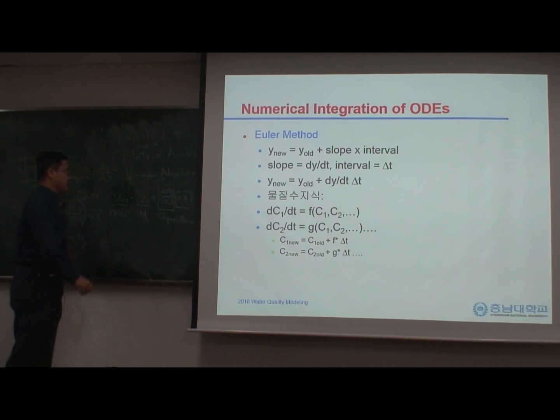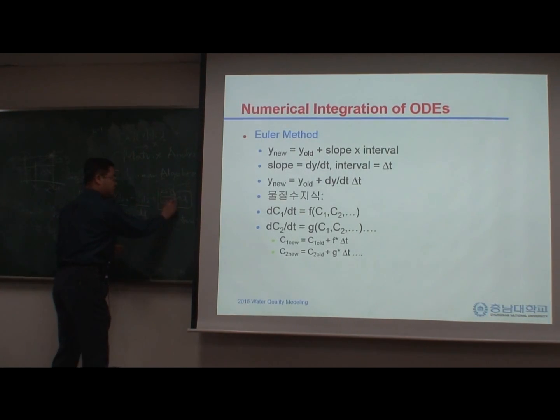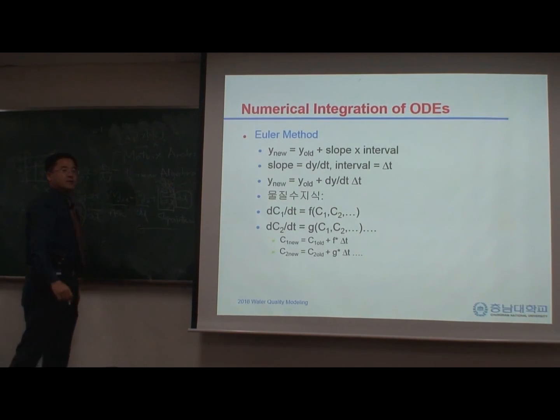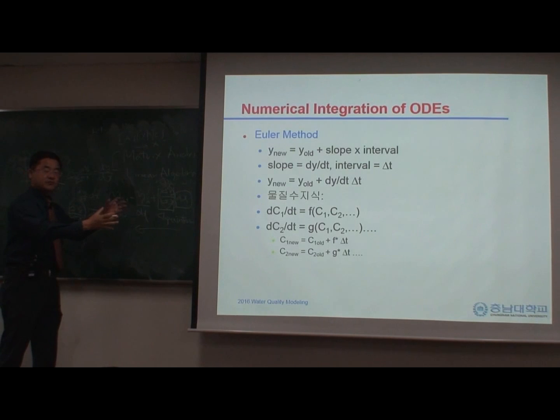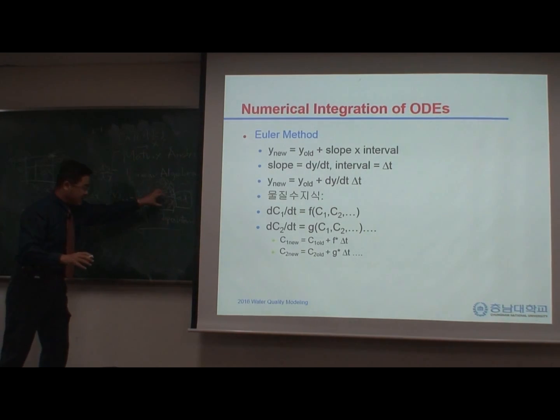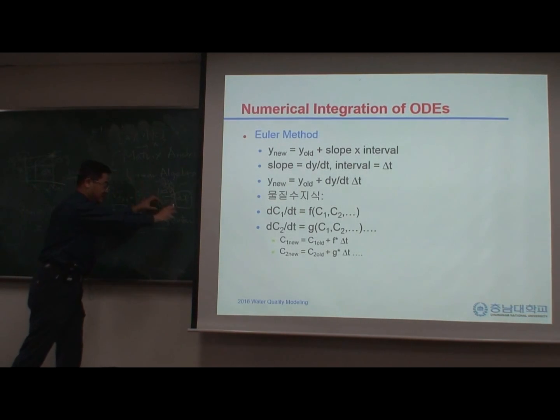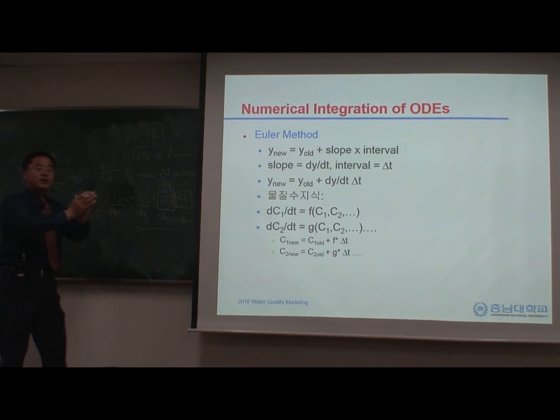Right? So in numerical integration, you just have to somehow add them together to come up with the next value, and you will use your differential equation. We add the previous value, the calculated slope, and the interval together. We call that numerical integration. We just add them together. Okay?